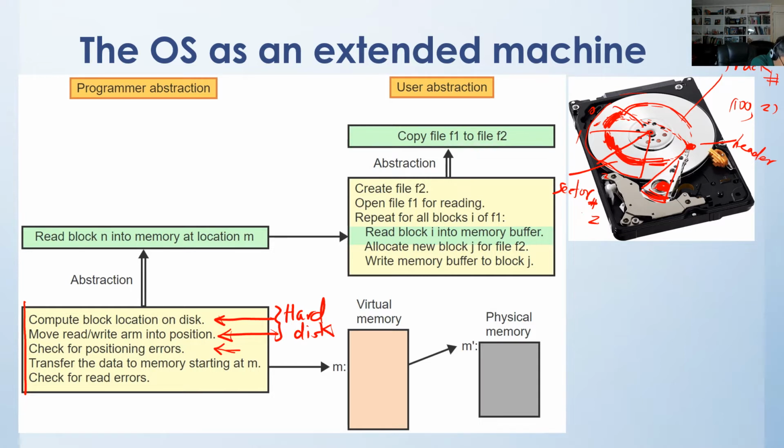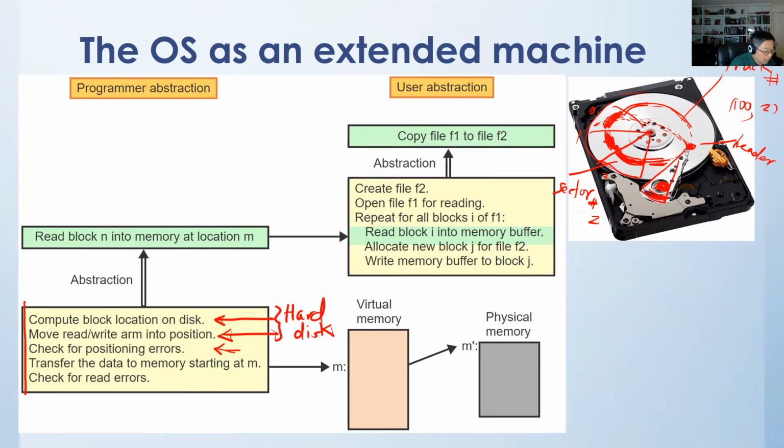So this is what happens. That's the reason why when you read data from disk, you're probably going to hear noise. The magnetic disk rotates, and the arm moves back and forth, so you hear the clicking sound.